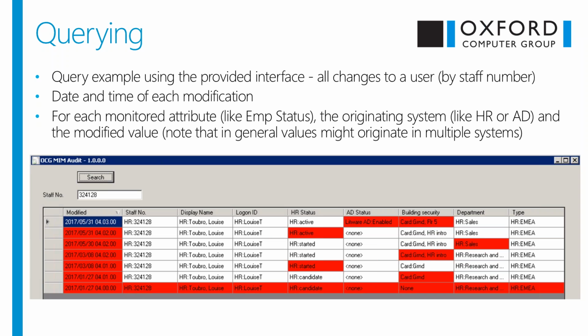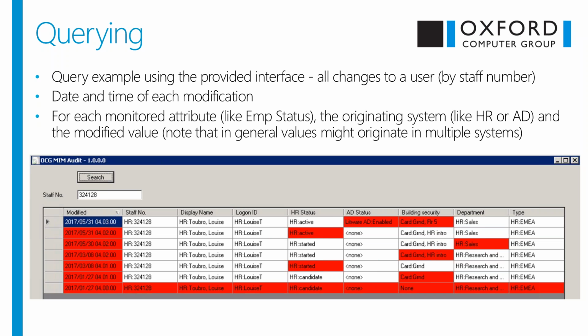Now, in general, values might come from lots of different systems and might be sent to lots of different systems. So the style we've got of identifying the attributes concerned is that we have the system followed by the name of the attribute. So the status flowing in from HR is tracked and the status flowing out to AD is tracked.